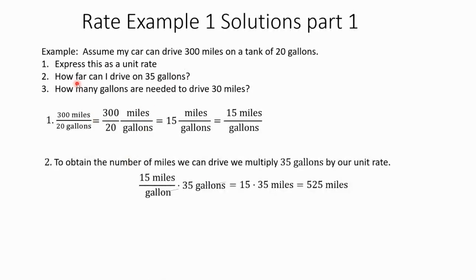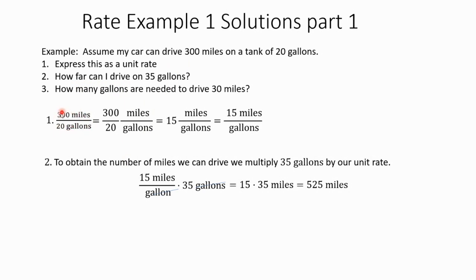Part 2 is also here: how far can I drive on 35 gallons. We'll see that shortly. For number 1, we have 300 miles over 20 gallons. We write it as a fraction, a wonderful fraction.